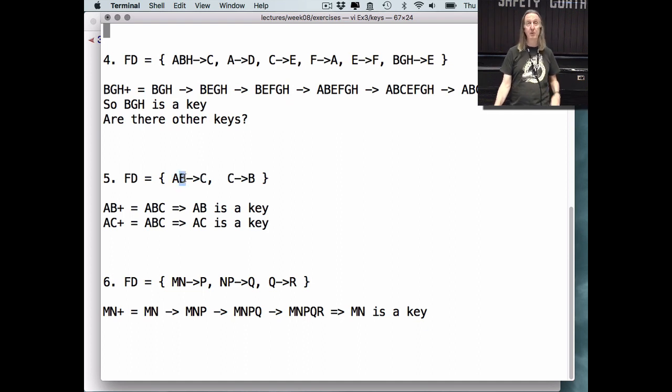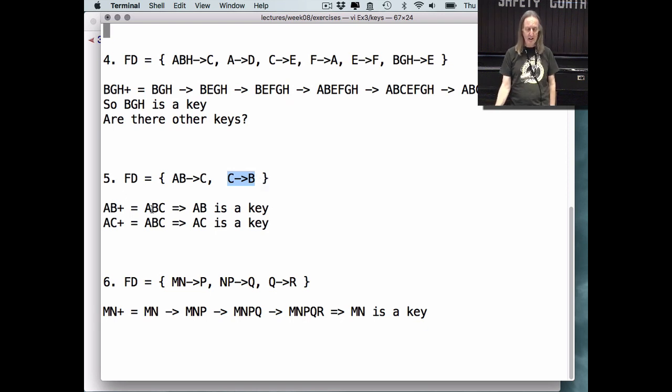The only place with B on the left-hand side also requires me to have A in the set. And C, well, C will allow me to derive B, but there's no way I can then get A. So it looks pretty much like A is going to have to be part of any key.